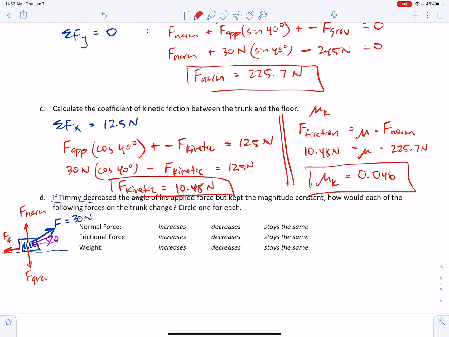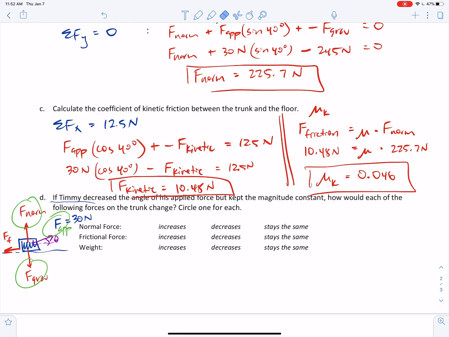Well, if you look at the sum of the forces in the vertical direction, these three forces are all acting vertically. Specifically, the normal force and Timmy's applied force are both counteracting gravity. So if the angle of that applied force decreases, then the vertical component of that force goes down. Okay?